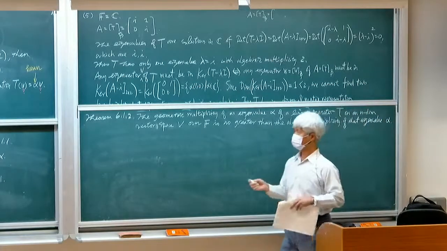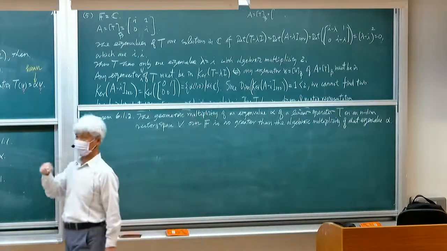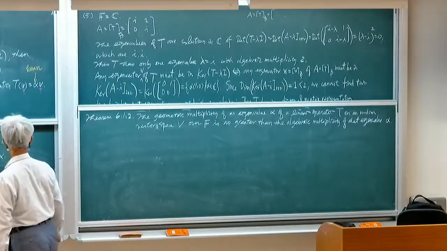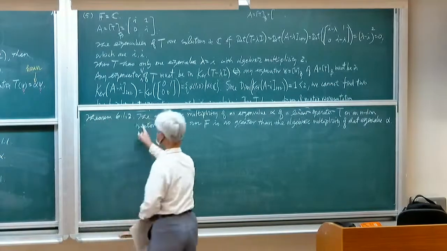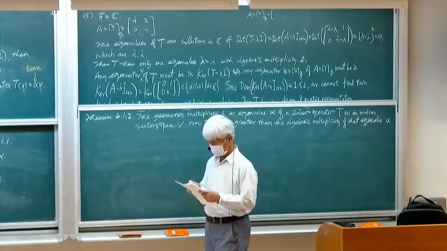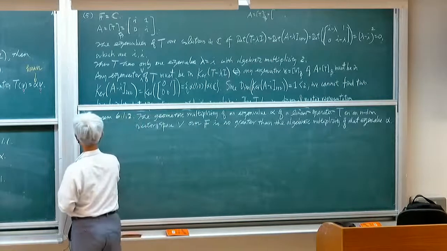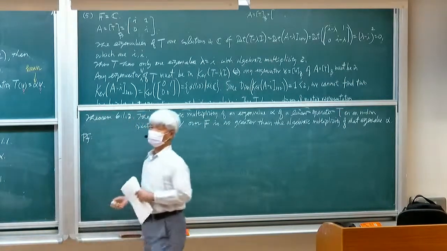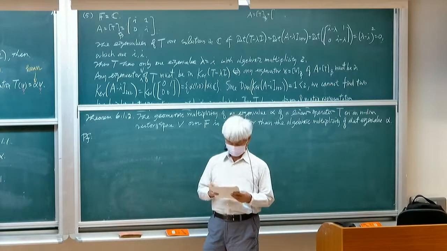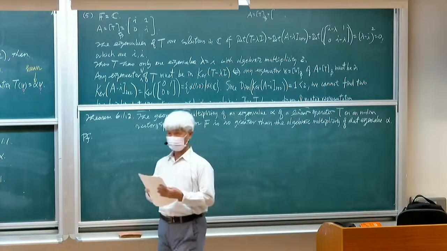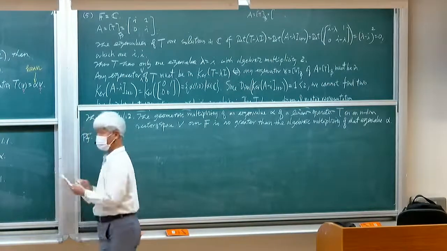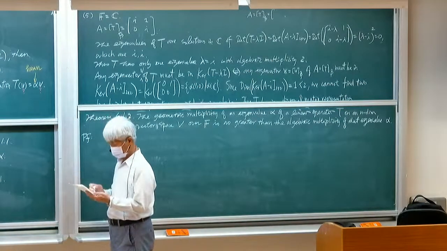So geometric multiplicity is less than or equal to the algebraic multiplicity. That is the statement of theorem 6.1.2. The theorem has been stated in the textbook without a proof, but we are able to prove it now, because we have enough knowledge to give a proof.